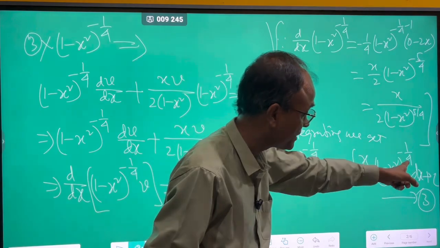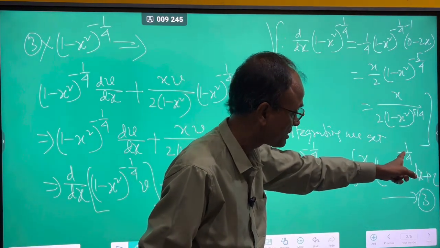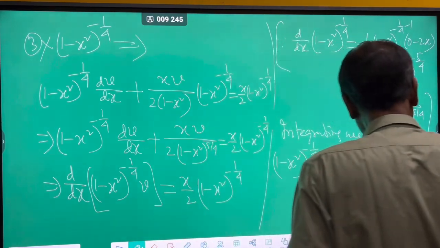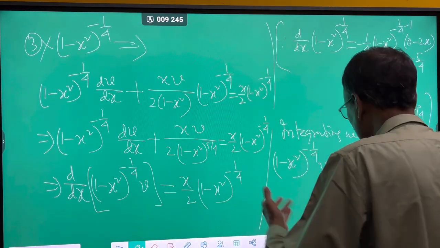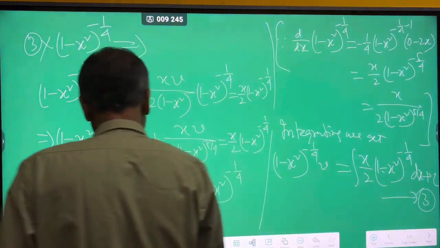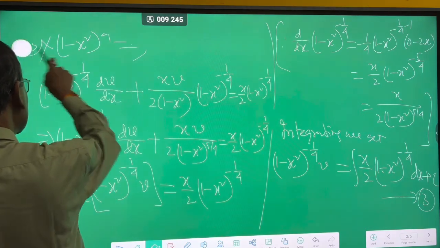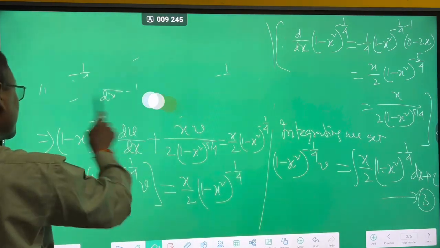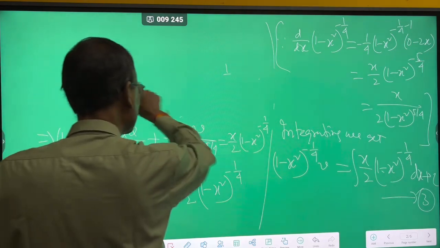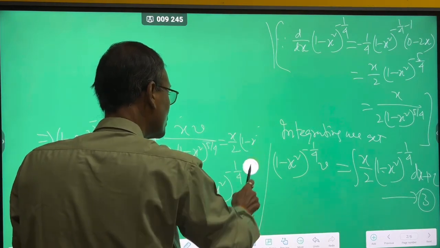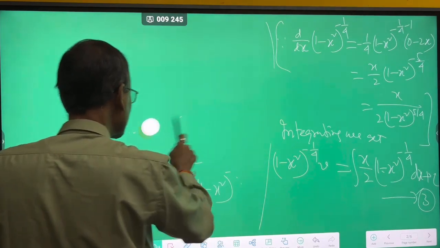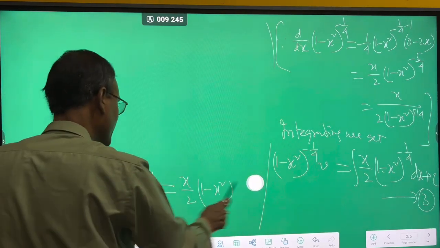Or since it is of the power 1 by 4, therefore write 1 minus x square equal to z to the power 4. Writing 1 minus x square equal to z to the power 4, the integration can be easily integrated.